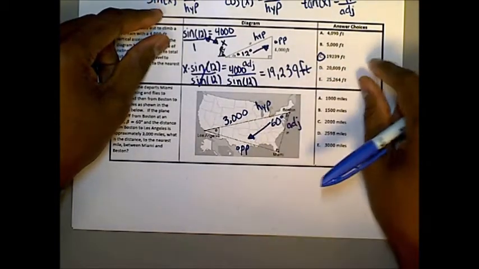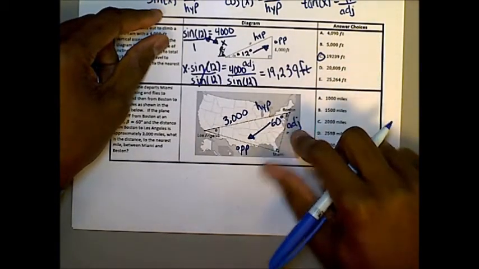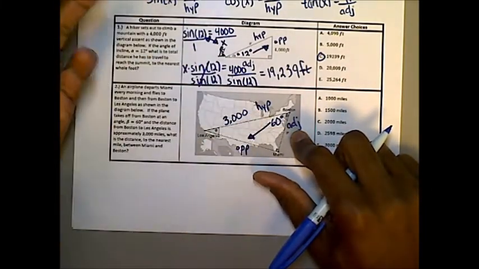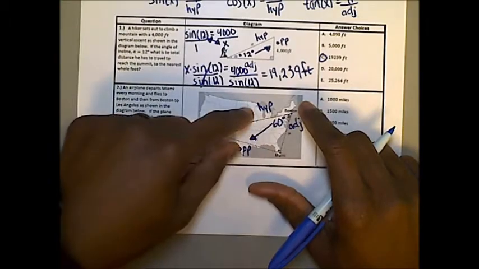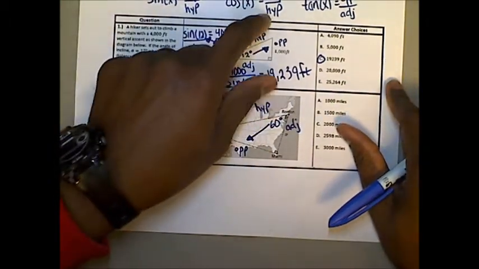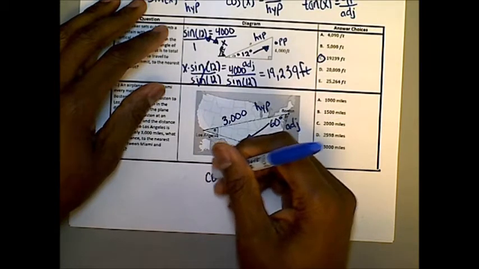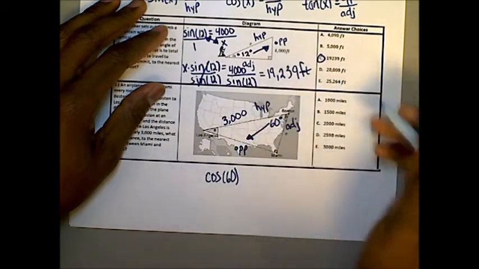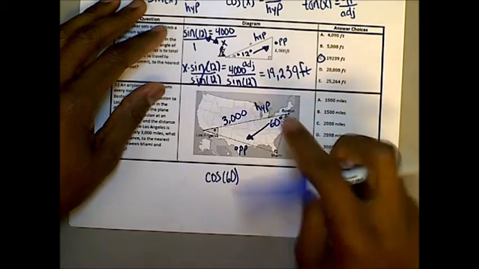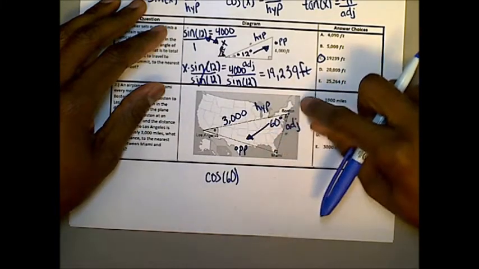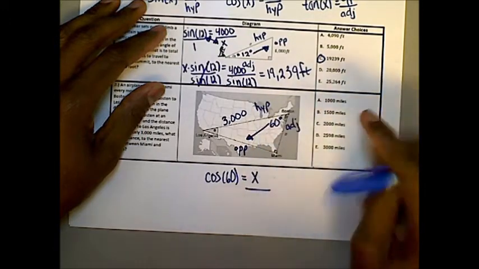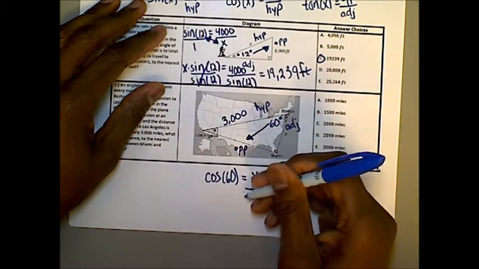Well, 60 is my angle, and I'm being asked to find the adjacent side when I've been given the hypotenuse. What trig ratio uses adjacent and hypotenuse? Cosine. So to set this up, cosine of 60 is equal to adjacent, which is x, over the hypotenuse, which is 3,000.